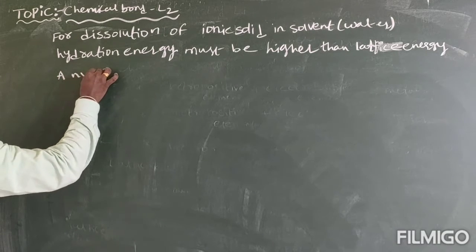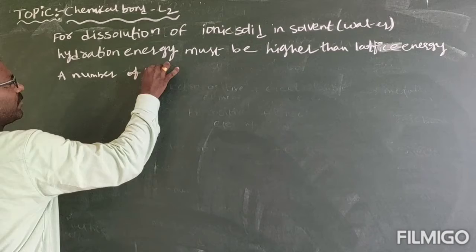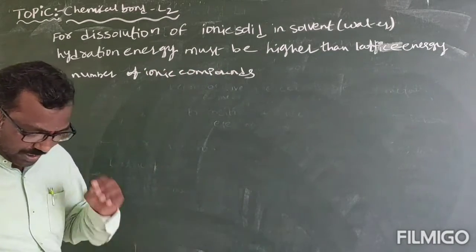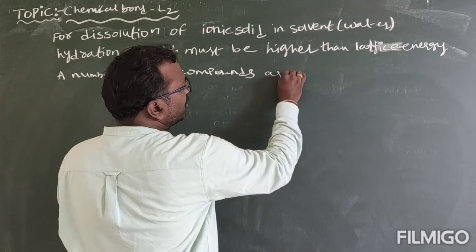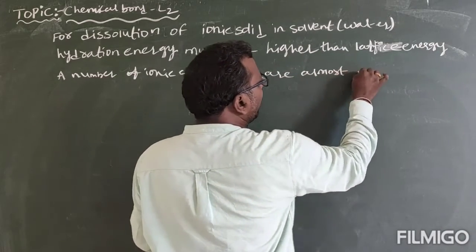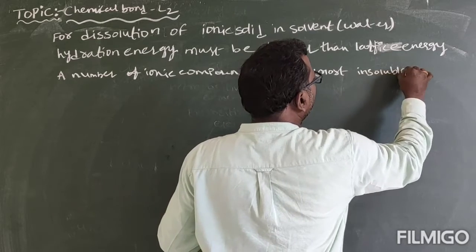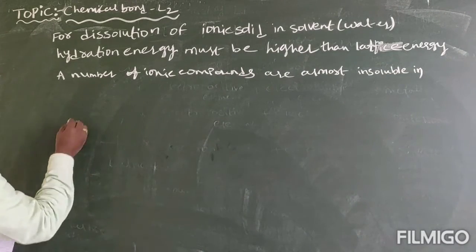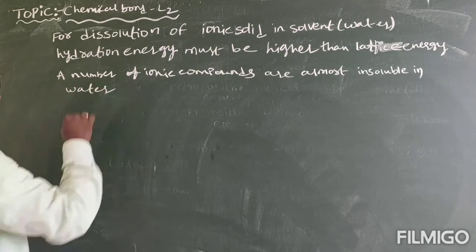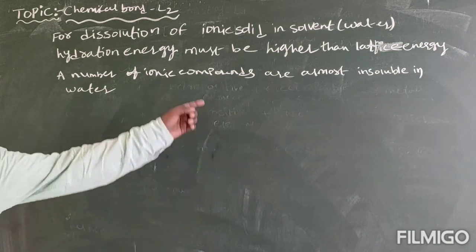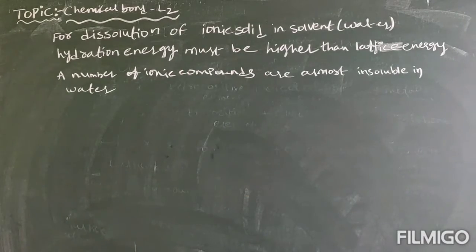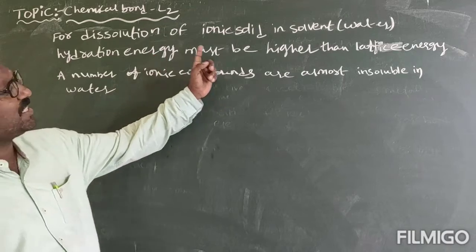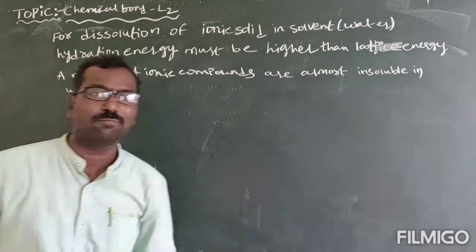A number of ionic compounds are almost insoluble in water. Why are they insoluble in water? Because their hydration energy is less than the lattice energy. If they want to be soluble, their hydration energy must be higher than the lattice energy.